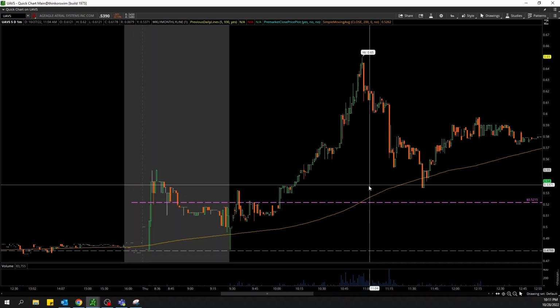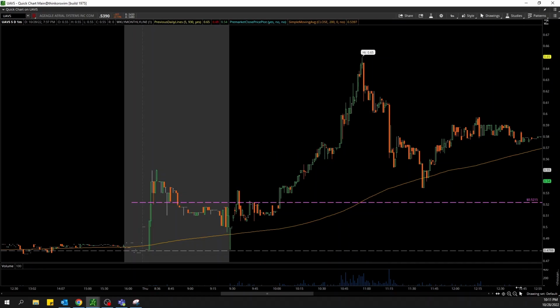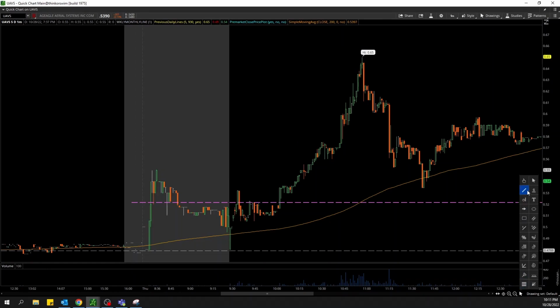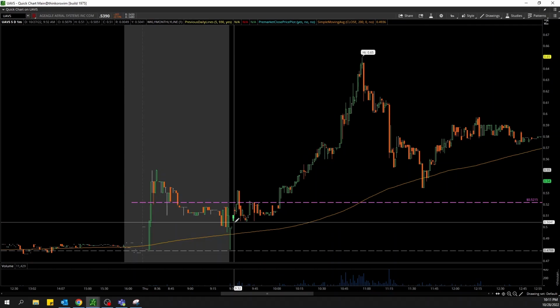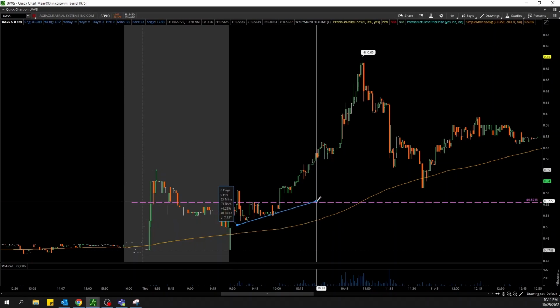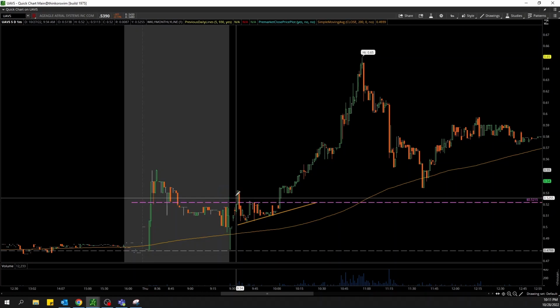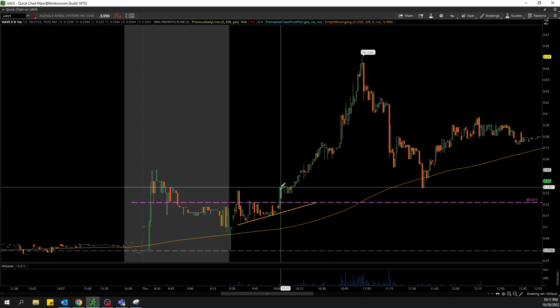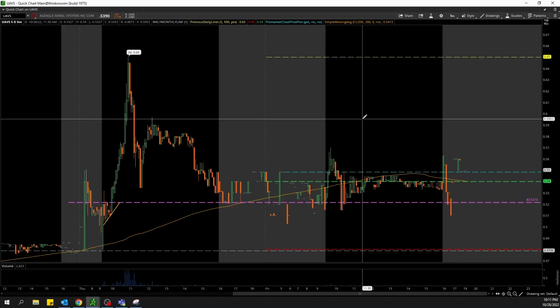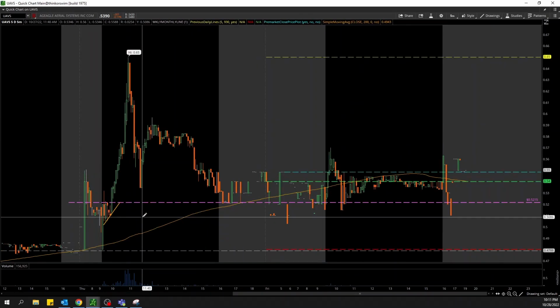So the interesting thing about this, it didn't really have a lot of volume. First volume was about 70,000. So you had to wait for the volume to really creep in, and it crept in about right here. So what most traders will do is wait for it to pop, and then they played it off of the top of the range, which was right here.